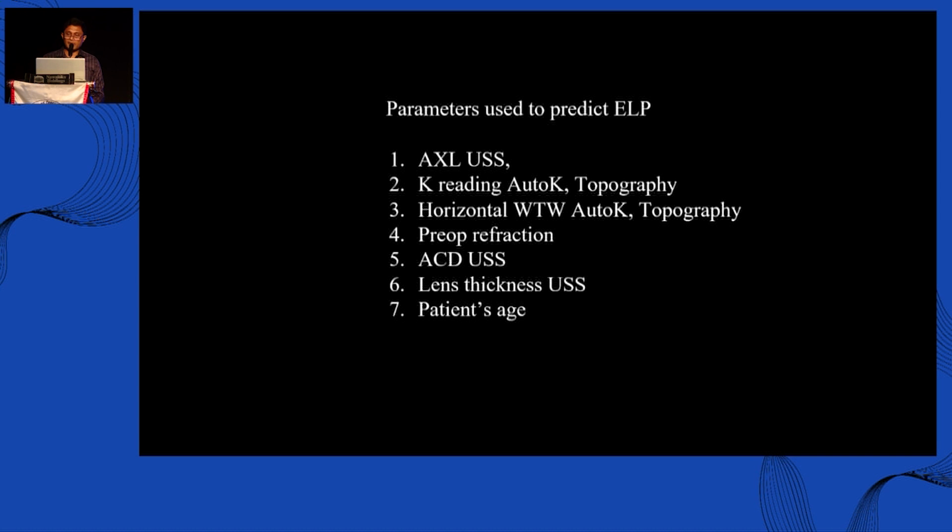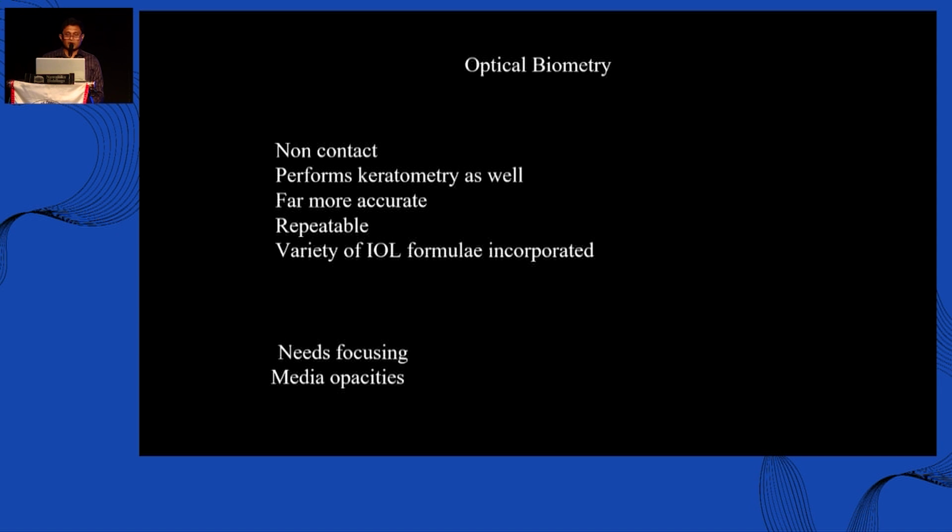So if we compare the two systems, the optical biometry, where I use Lenstar or IOLMaster, feed everything and then wait, or the ultrasound scan. Optical is of course far superior, is non-contact, so patient hassle is much less, and it performs almost everything. It performs keratometry as well, and is far more accurate and repeatable therefore.